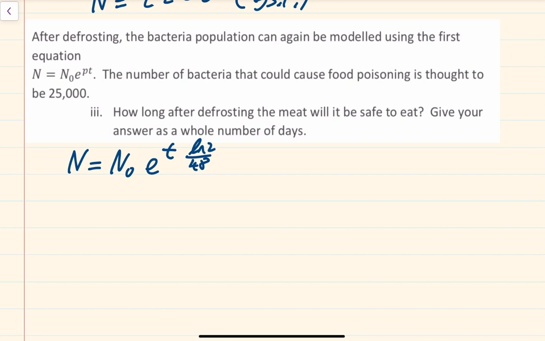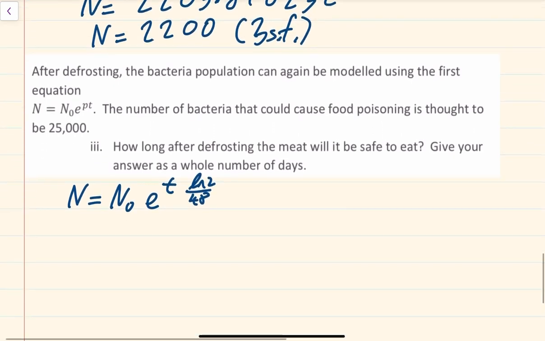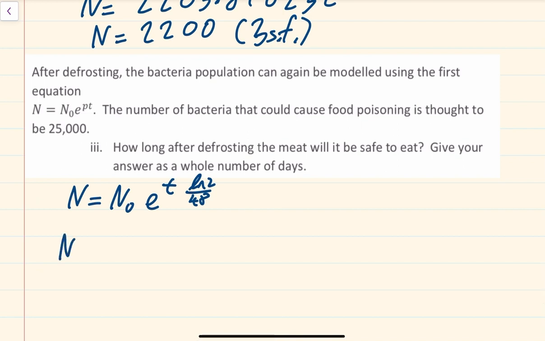Okay. So the number of bacteria that could cause food poisoning is thought to be this. Then our starting value is equal to this thing here.